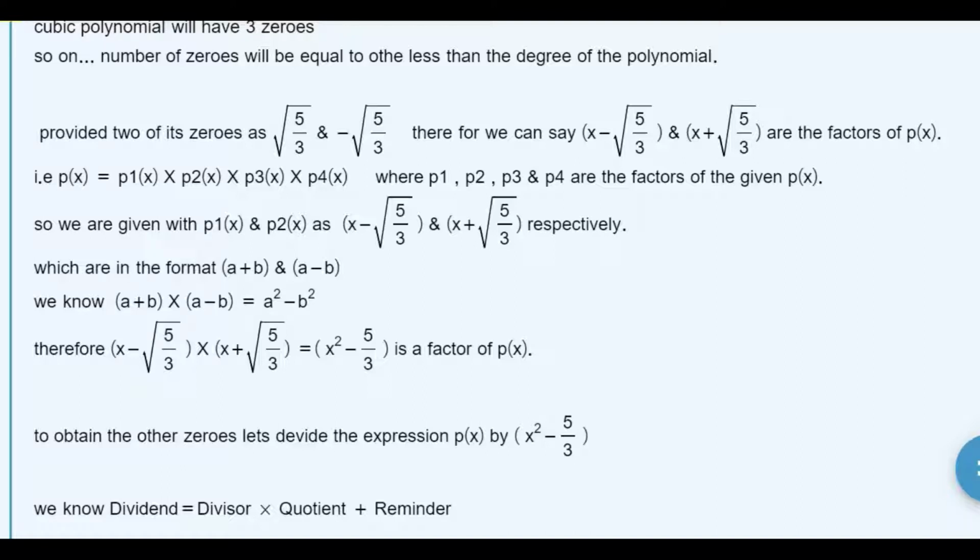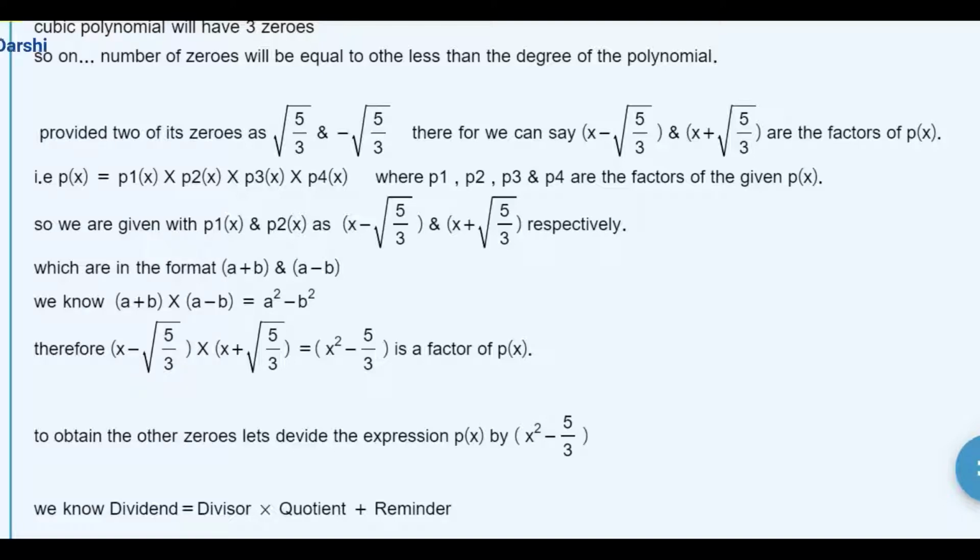By looking at them, they are in the format a minus b and a plus b. So does that sound familiar? Yes, of course. We know that a plus b into a minus b is equal to a square minus b square. So from the given two factors, we can derive x minus root of 5 by 3 into x plus root of 5 by 3 is equal to x square minus 5 by 3 as the factor of p of x.